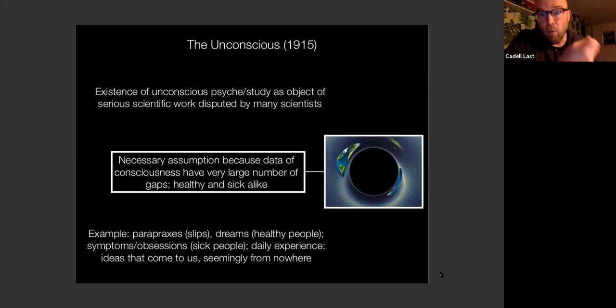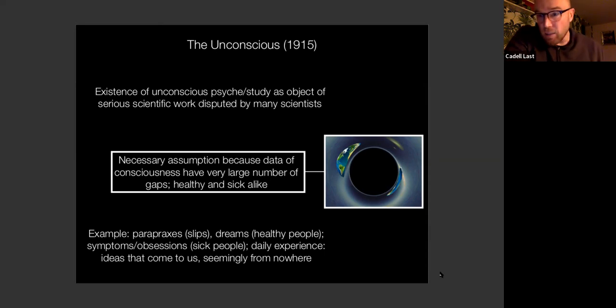Their dreams are far more, let's say, easy to interpret, whereas the dreams of even healthy adults are often dramatically censored and in massive distortions between latent and manifest content. In sick people, the unconscious emerges in symptoms, psychic symptoms, which could be obsessions, which could be hysterical outbursts, which could be tics, other maladies.